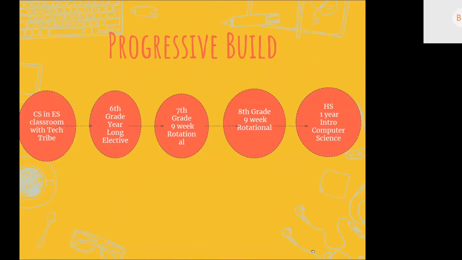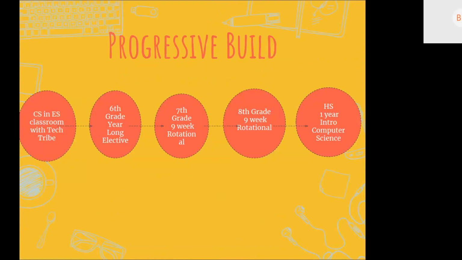Okay, so here's our progressive build. We've had computer science now in our schools being taught for the last 2 years, but we've been introducing it and bringing it into the elementary by our Tech Tribe students and myself for the last 3 years primarily.